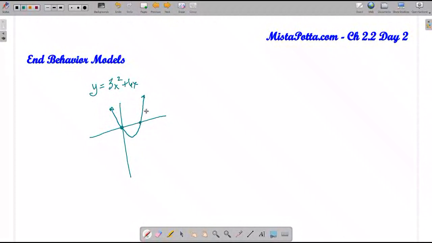But if I'm looking at the end behavior, this function will actually behave a lot like a regular parabola. These lines will actually come very close to each other as x approaches 1,000 or 10,000.